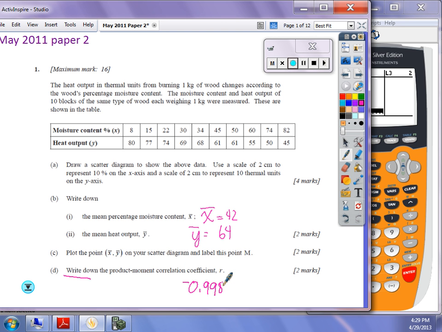So you'll round up to 0.998, and there are our 3 significant digits. The 0.998 is significant. Make sure that you indicate that that correlation is negative. So you'll get a point for having the negative and a point for having 0.998 rounded correctly.